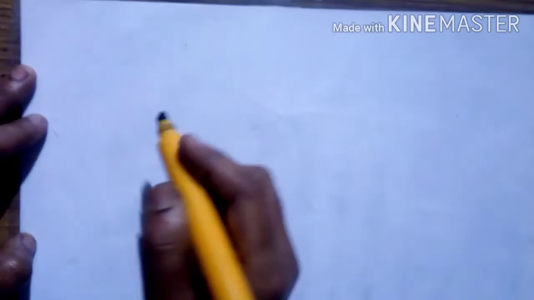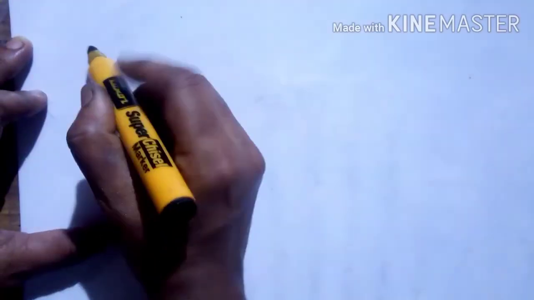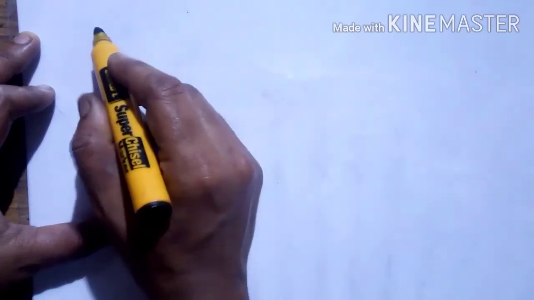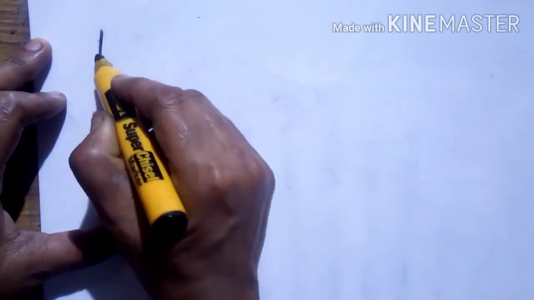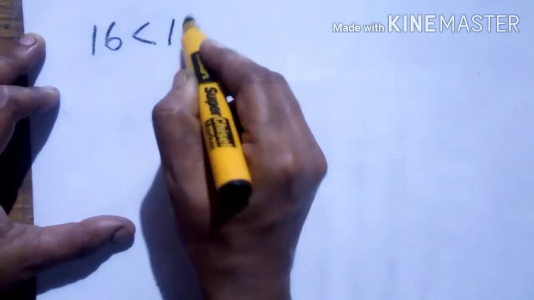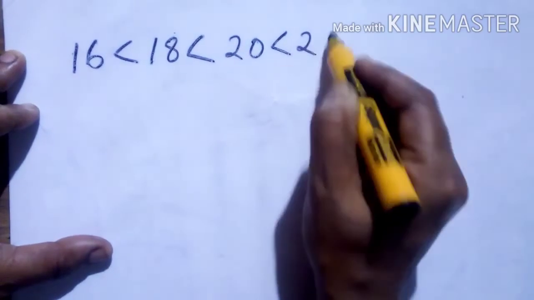Let us compare the numerators. We have to write the fractions in ascending order, so let us compare the numerators. Write the smallest numerator, that is 16, less than 18, less than 20, less than 21.